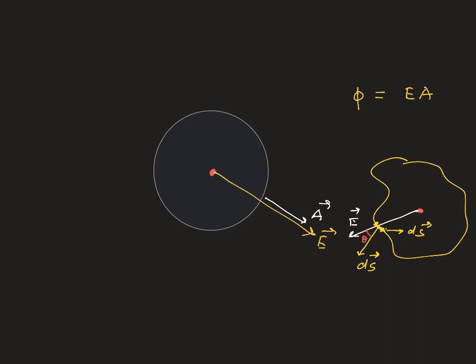So we are considering only that part of the area vector that is parallel to the field. So the flux is going to be E dot ds, that is E ds cos theta. That ds cos theta is the component of area vector that is parallel to the field.